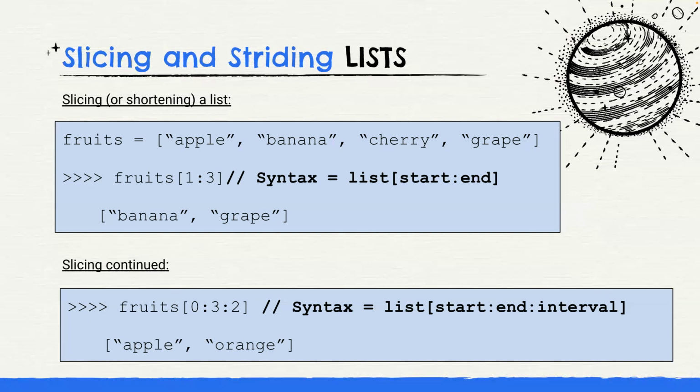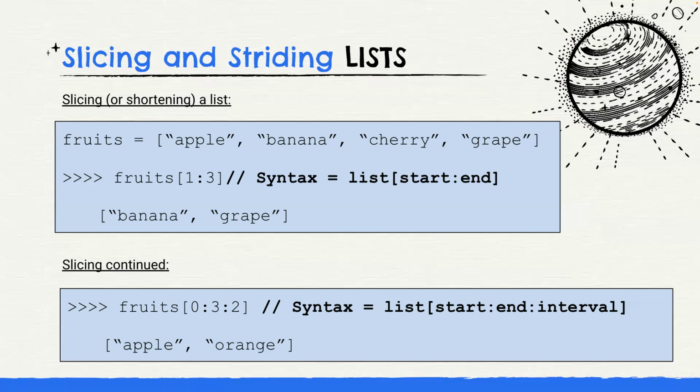Okay, and then for striding, it's similar, but we now have a step value. Yes, the first one, why is cherry excluded? Because it only counts those values. Okay. So then for striding, we have list, then we have start, but now we have an interval.